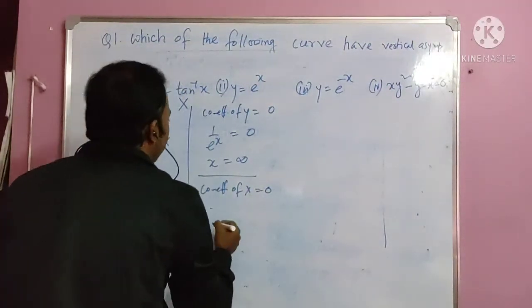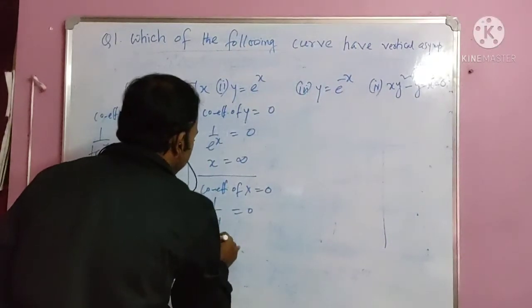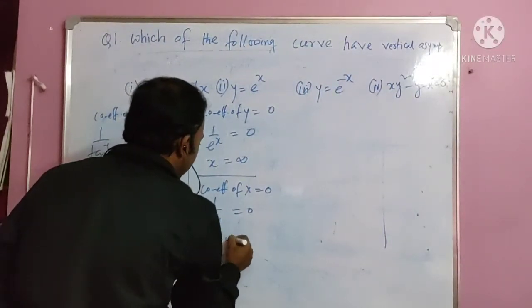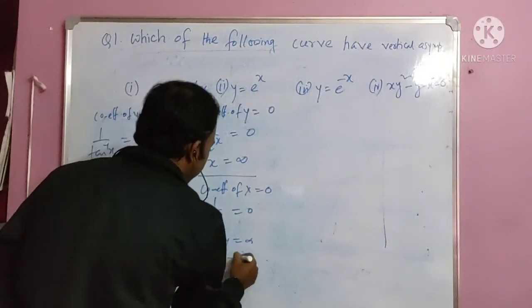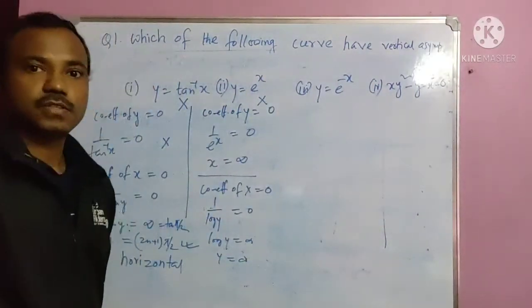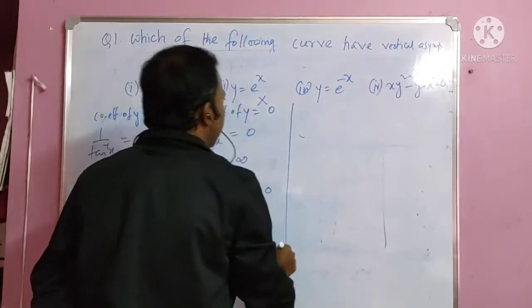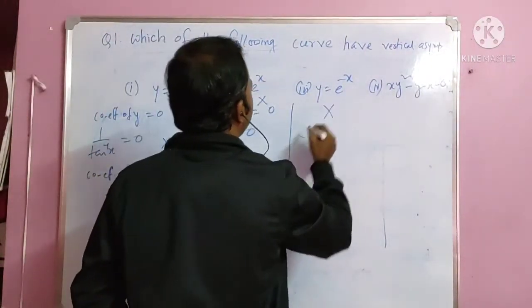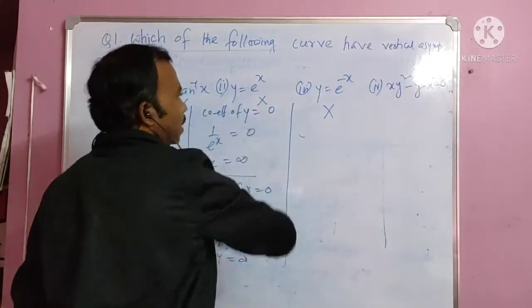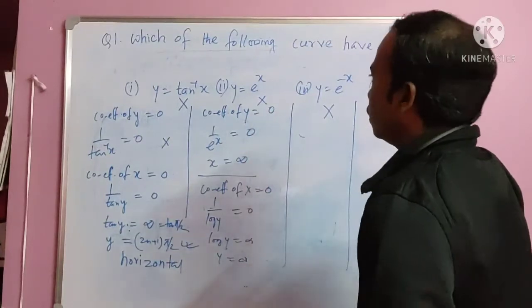So it will be 1 by log y equals 0. This will be log y equals infinity, y equals infinity. This option is also cancelled out. Now, in a similar manner, this will also be cancelled out. Same as this. Now we go for the fourth option.